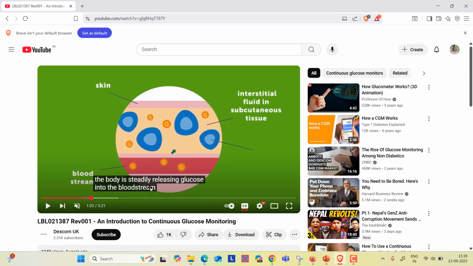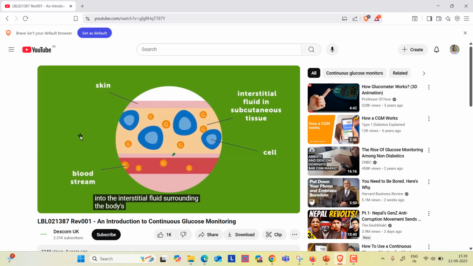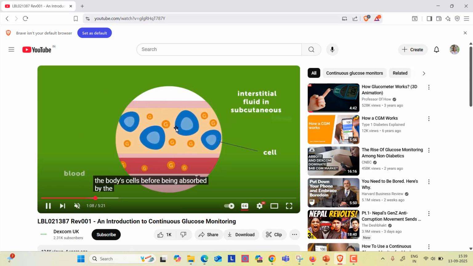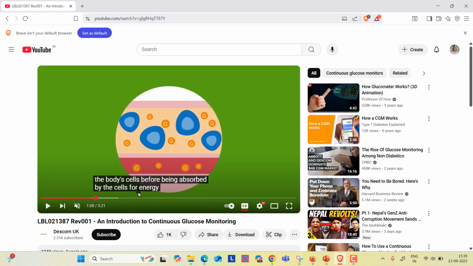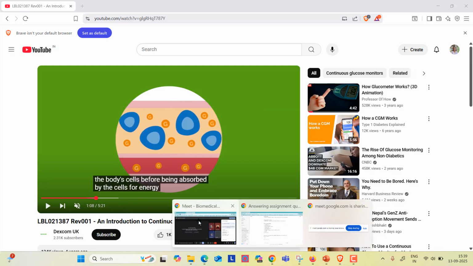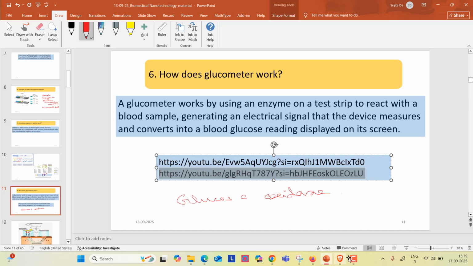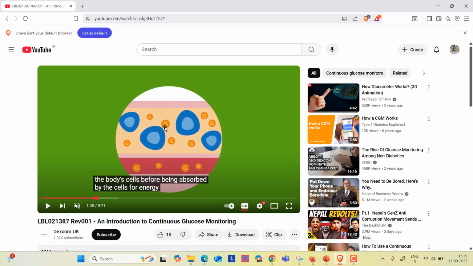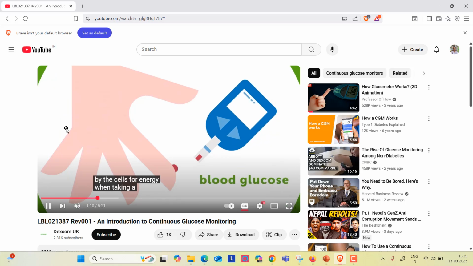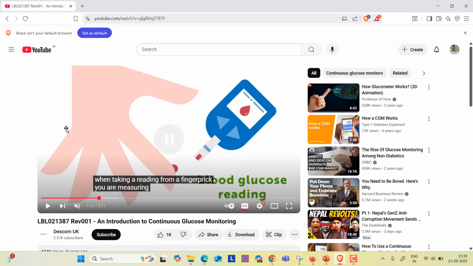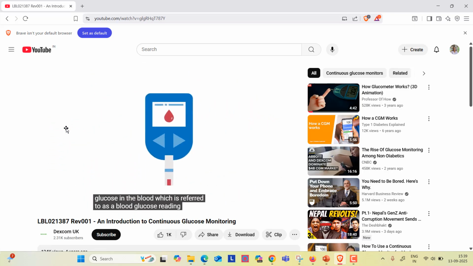The body is steadily releasing glucose into the bloodstream, which then moves into the interstitial fluid surrounding the body's cells before being absorbed by the cells for energy. When taking a reading from a finger prick, you are measuring the concentration of glucose in the blood, which is referred to as a blood glucose reading.